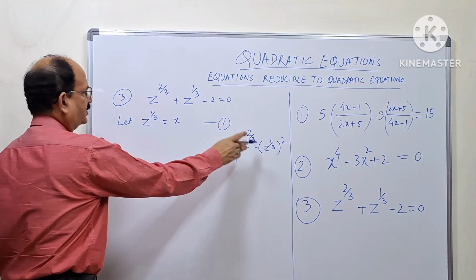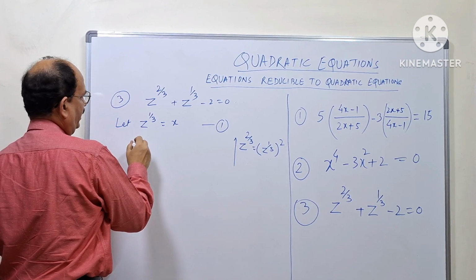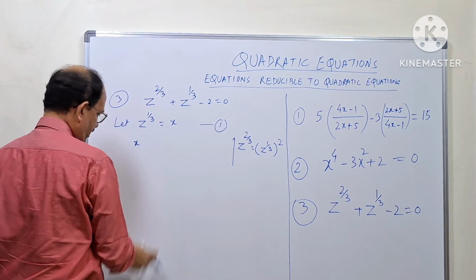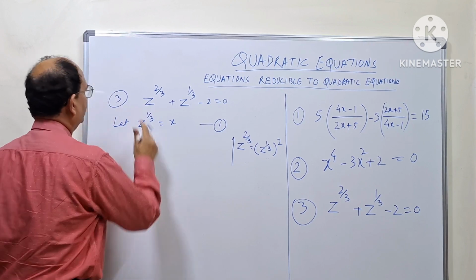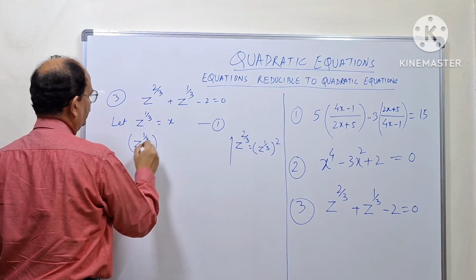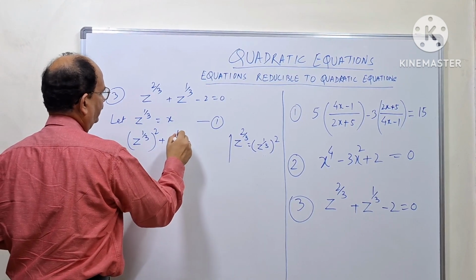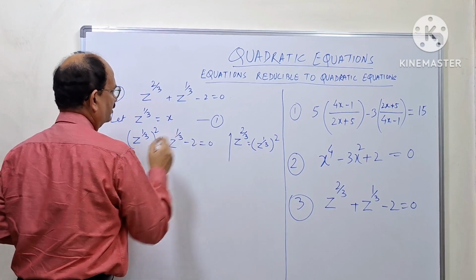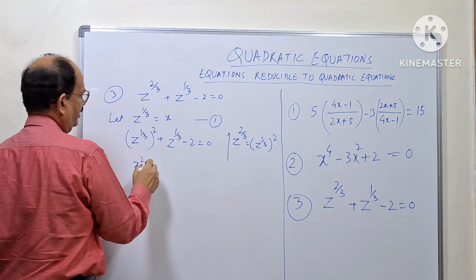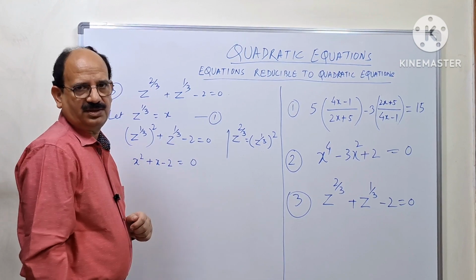So we can write this equation as z to the power 1 by 3 the whole square, which is z to the power 2 by 3, plus z to the power 1 by 3 minus 2 is equal to 0. Now if we take z to the power 1 by 3 as x, then this becomes x square plus x minus 2 is equal to 0.